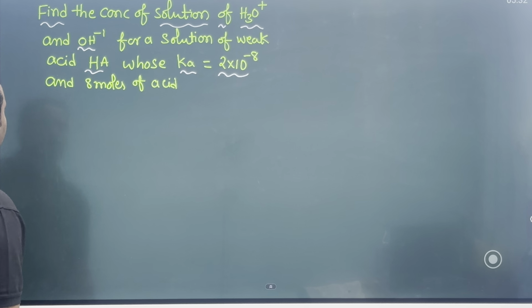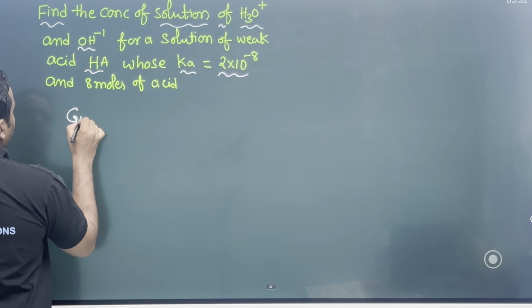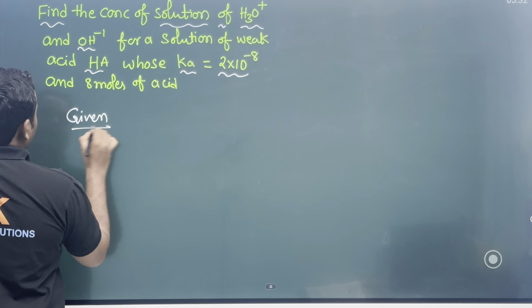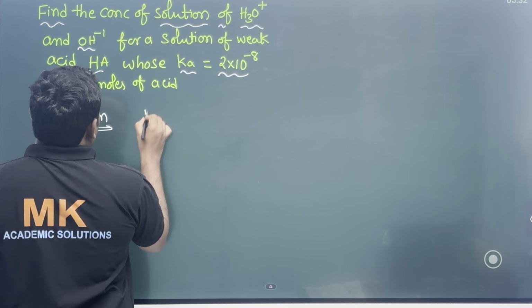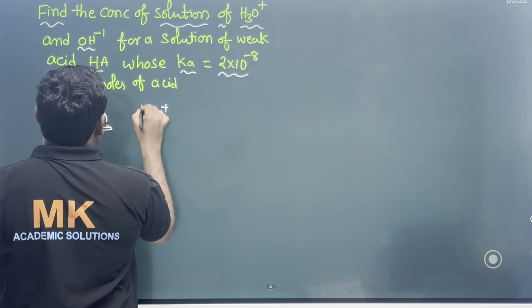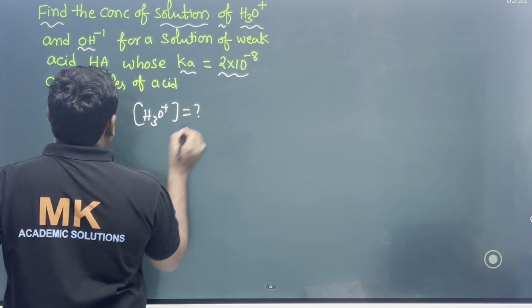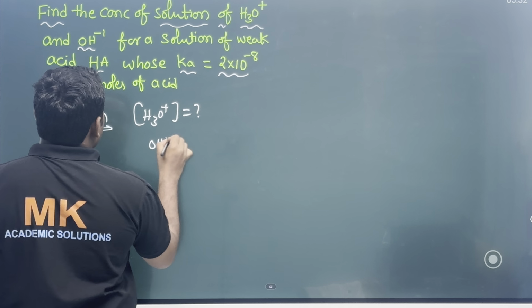Okay, so what is the given data here? We need to find the H3O plus ion concentration and the OH minus ion concentration.